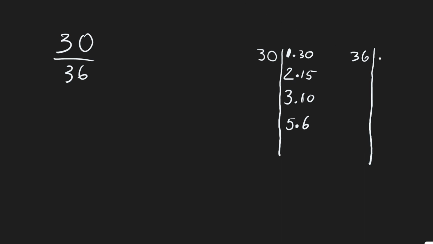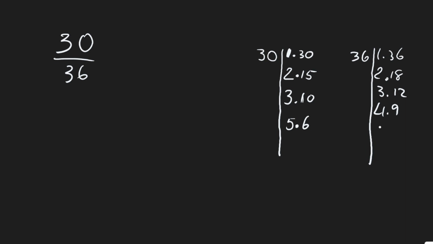I will start with 1 times 36. And I'll take 2 times 18, because 2 times 18 is 36. I take 3 times 12 is 36. 4 times 9 is 36. 5?